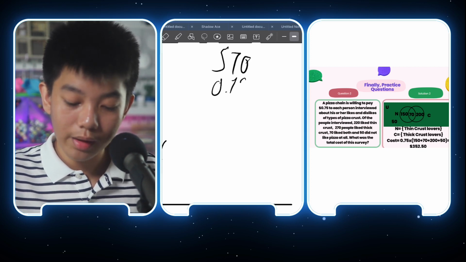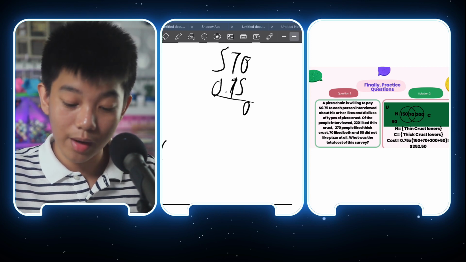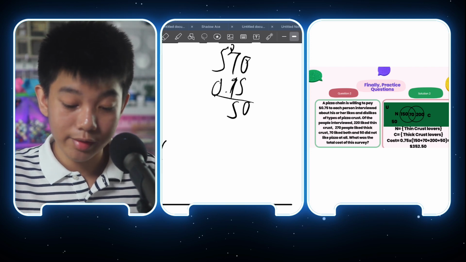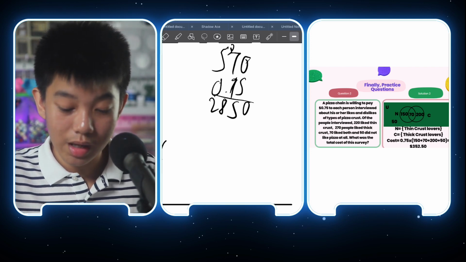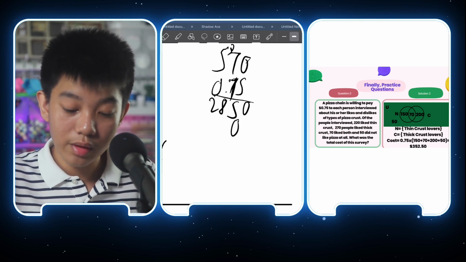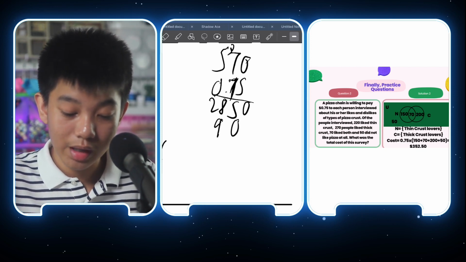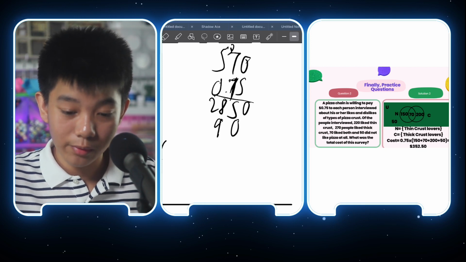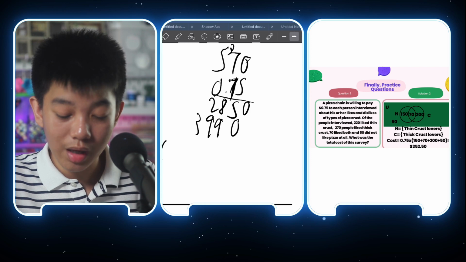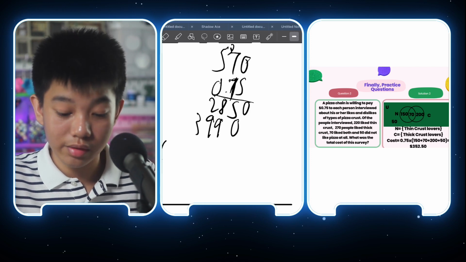Well, make sure to apply decimal rules here. So 5 times 0 is nothing, 5 times 7 is 35, 5 times 5 is 25, plus 3, carry over 3, you get 28. Now we move down. 7 times 0 is also nothing, 7 times itself is 49, 7 times 5 is 35, carry over the 4, you get 39, and then 0 times everything up here is just 0.